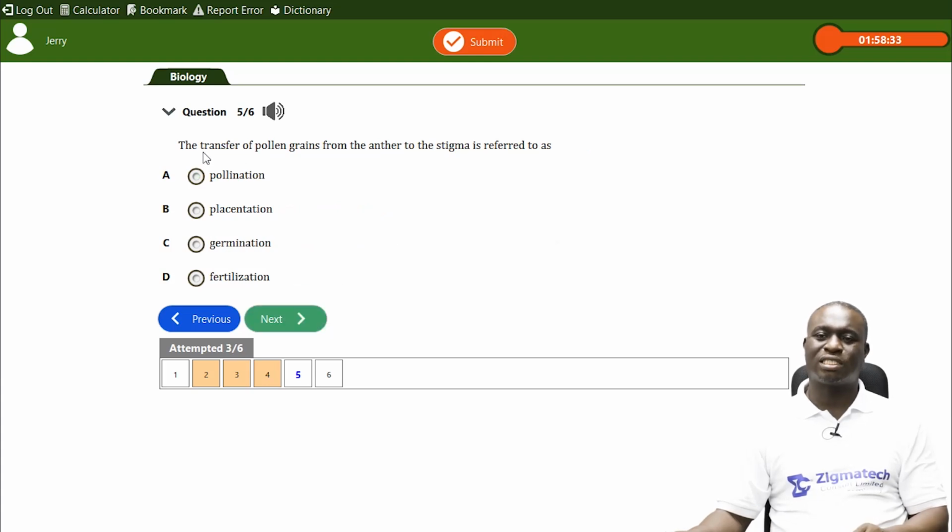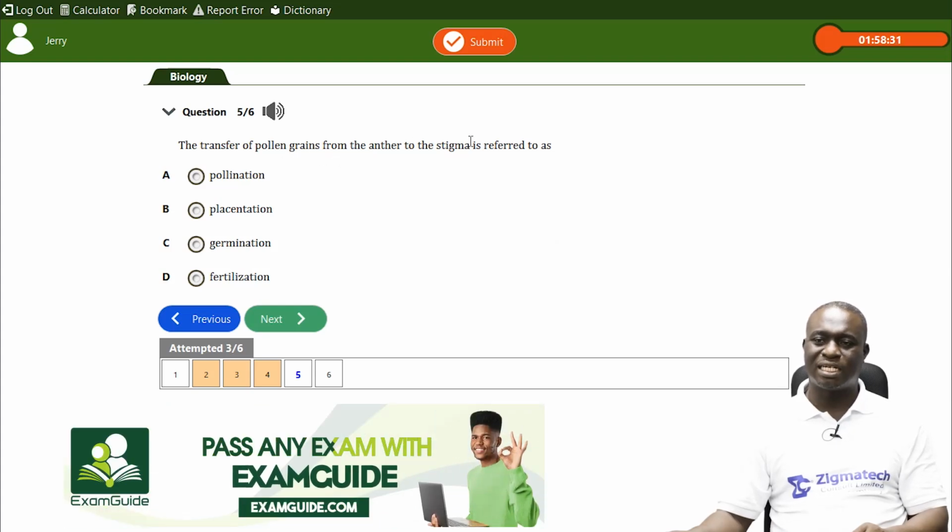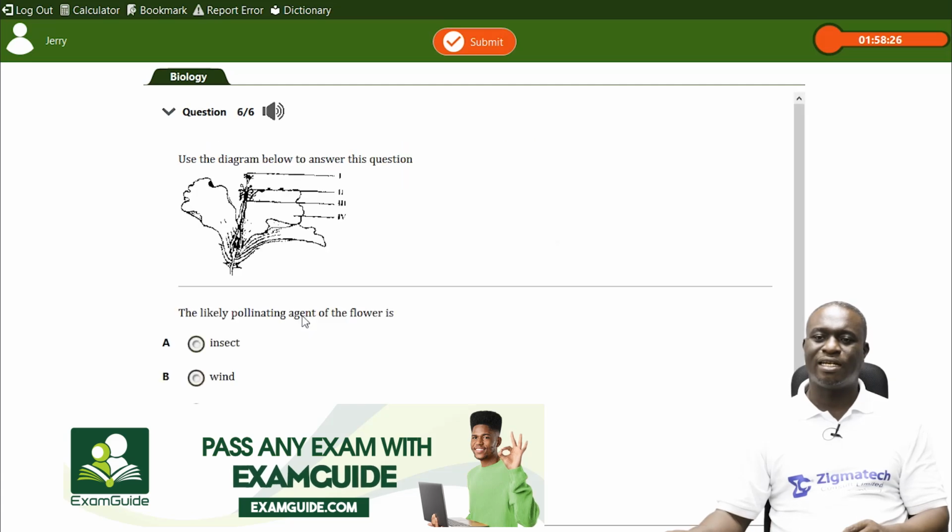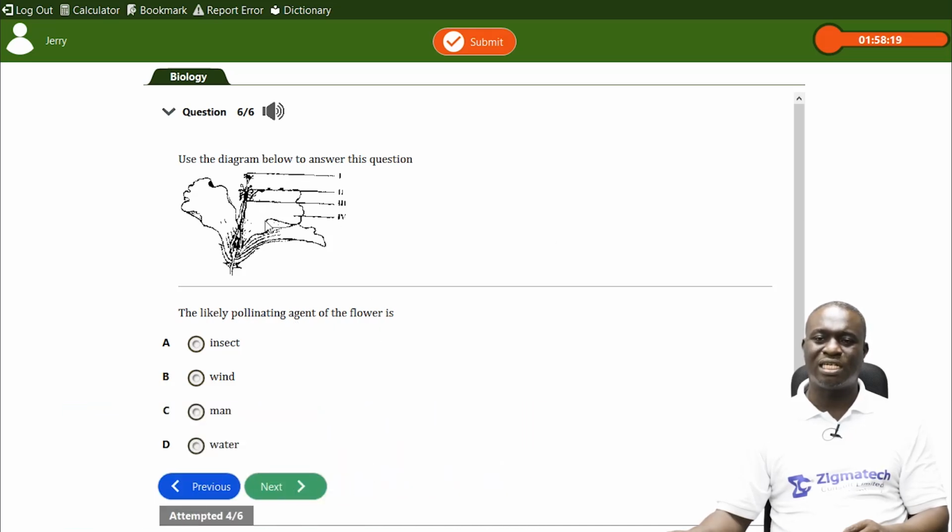Now, the next one says the transfer of pollen grains from the anther is called pollination. And then finally, look at that particular question there. They said the likely pollinating agent of this flower, though it's still in black and white, but look at the petals: they are large and conspicuous. It means they are also brightly colored. And if they are brightly colored, it simply means they can be pollinated by insects.